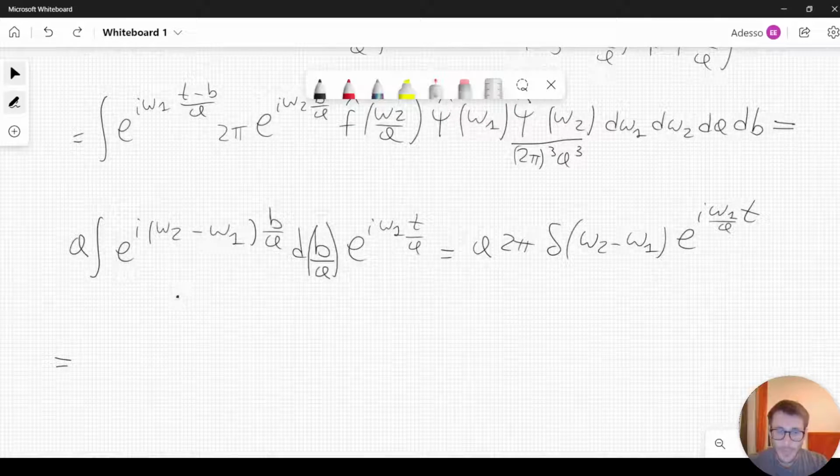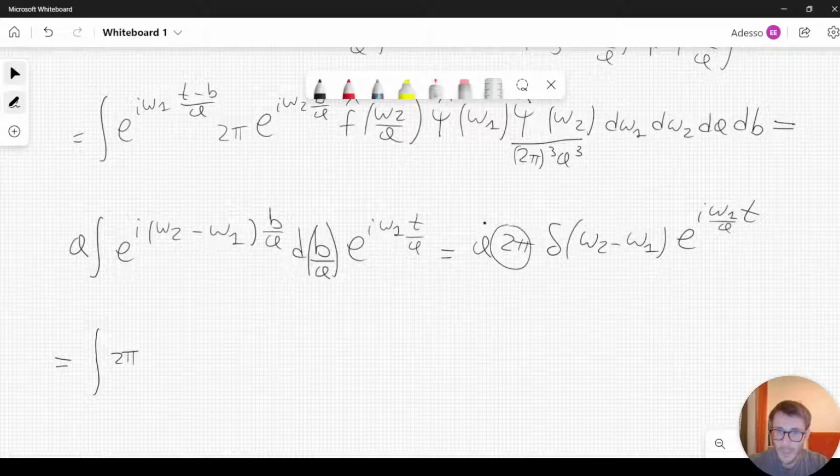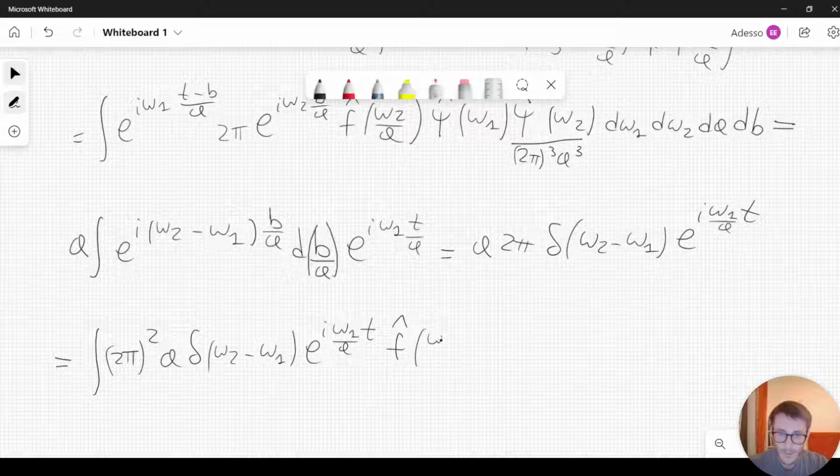So I can write integral of 2 pi coming from here, but I have another factor of 2 pi coming from here, so I can write 2 pi squared. Then I have a times delta of omega 2 minus omega 1 e to the I omega 1 over a times t, f hat of omega 2 over a psi hat of omega 1.